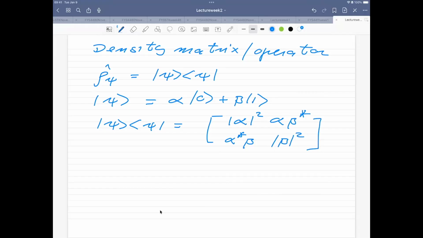That's the outer product. And let's just look at one of these operators. So what we have is P0, which is 1, 0, 0, 0.